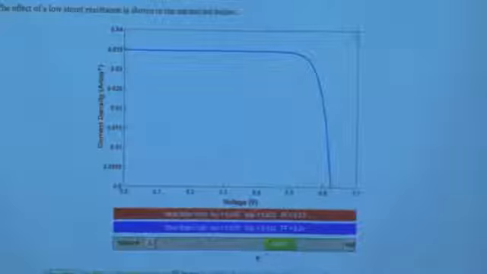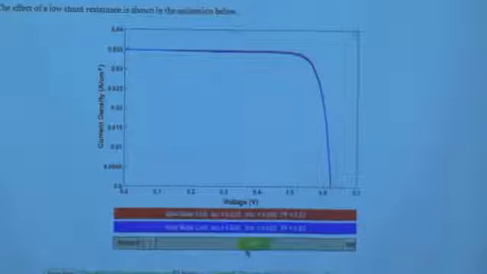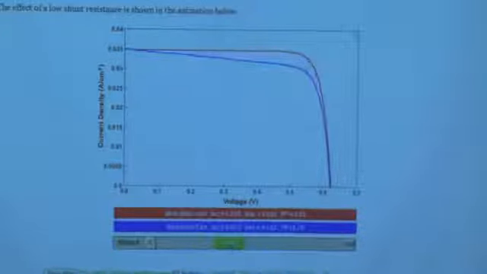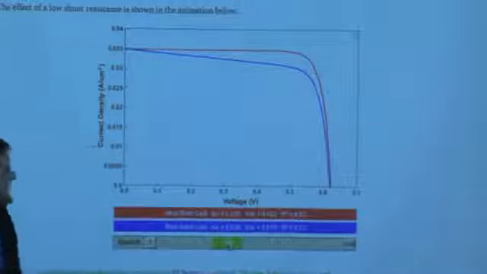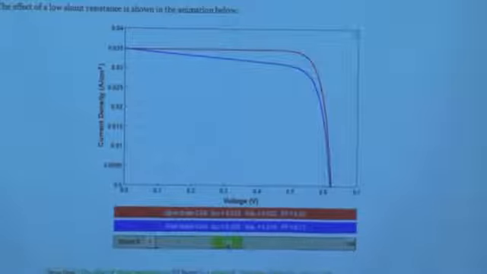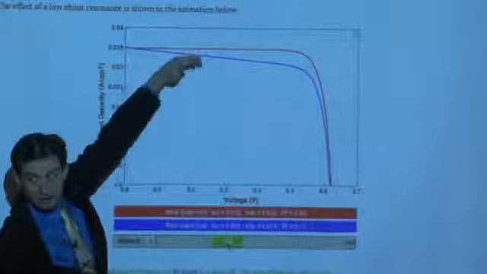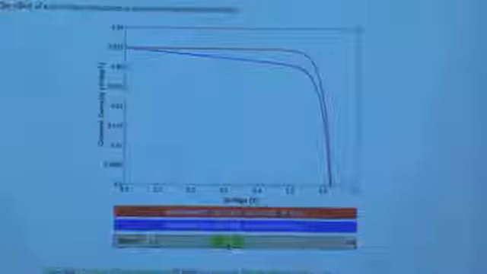Now we have internal current loops, and that means that we no longer are forcing the current to go outside through the external circuit. And somewhere between 1,000 and 100 ohms for our shunt resistance, we really begin to see that drop in fill factor. And as expected, it's really beginning to impact us at the lower bias voltages down here, like we saw.